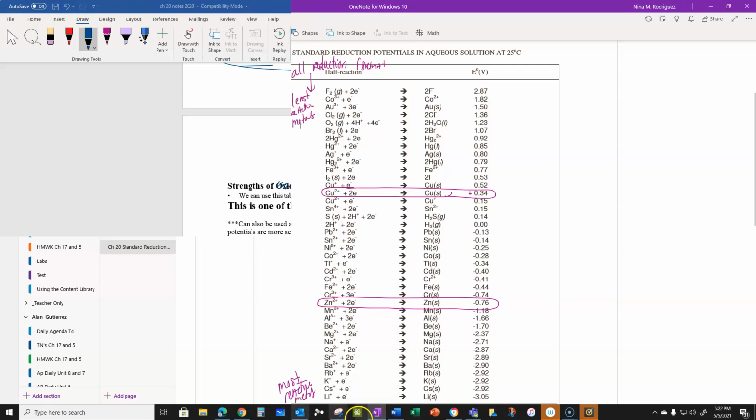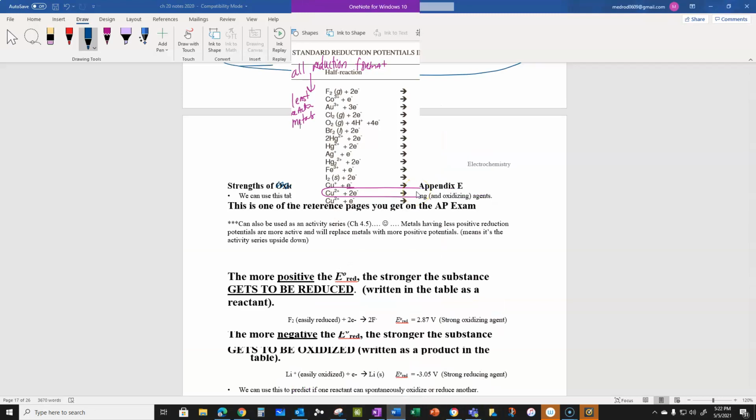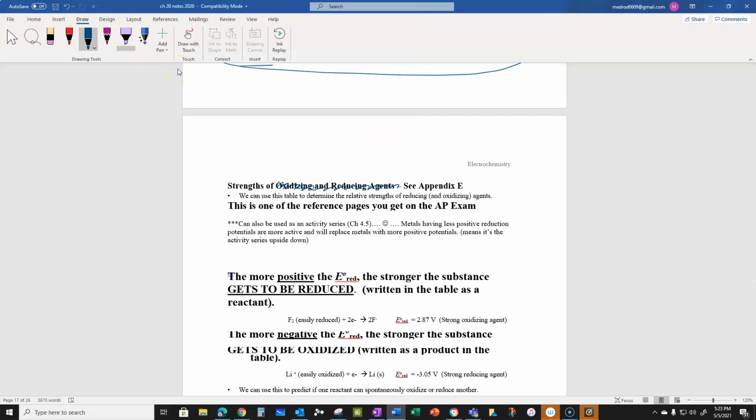In the notes, that's why it makes me sad, because it was the activity series backwards. The more positive the value is, the more likely that substance will be reduced.